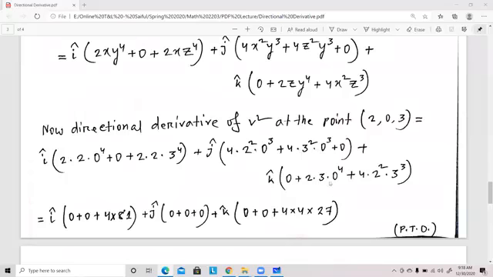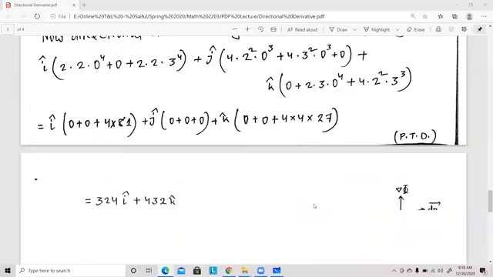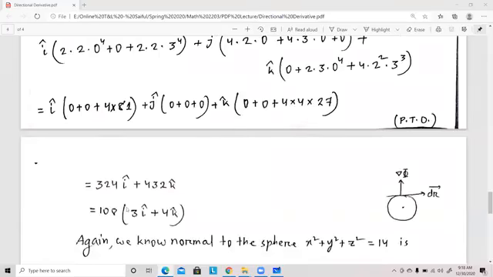And from the second term all terms will be vanished since every term is multiplied by 0. And from the third term, first term 0, second term 0, and we get value from the last term 4 into 4 into 27. And after simplification we get this 324i plus 432k, and for further simplification we can take common 108, and the remaining part is 3i plus 4k.